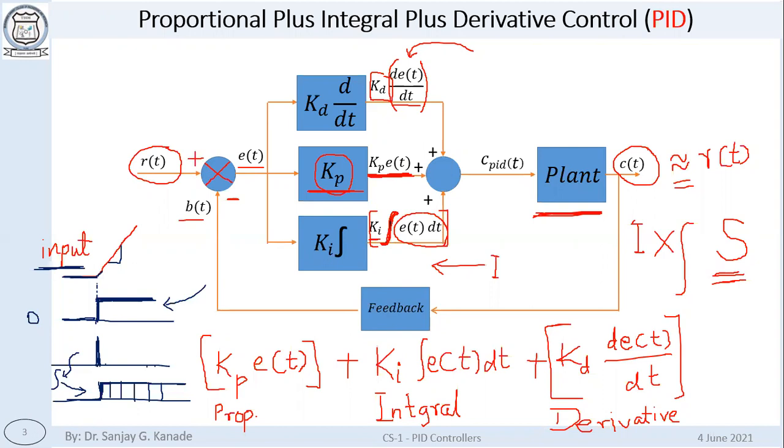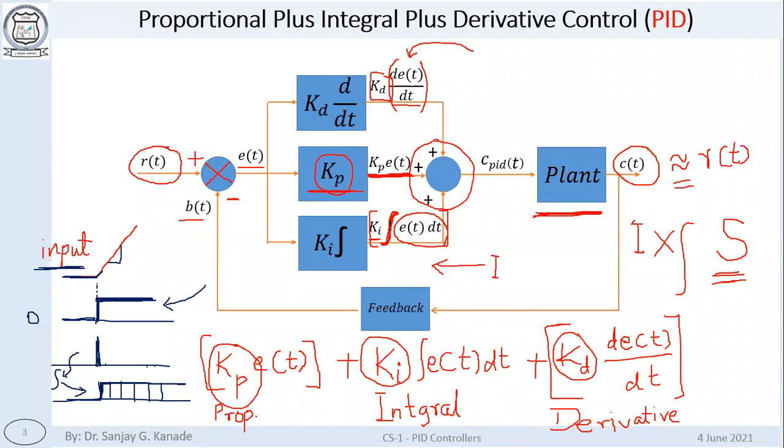In this way, we can change the values of these three constants, kp, ki, and kd, so that we can have more or less proportion of the proportional, integral, and derivative components in our final controller output, because the final controller output is simply the addition of the three individual components, right?